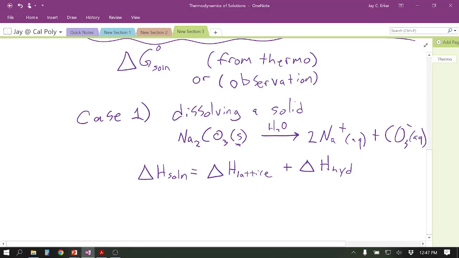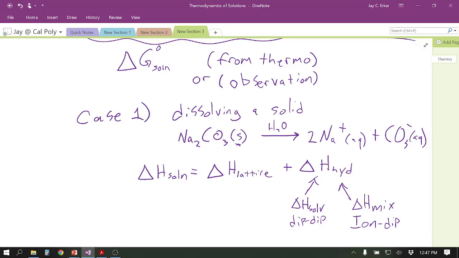If we're looking at just water, the delta H of solvent is always from dipole-dipole interactions, and the delta H of mix is from ion-dipole interactions. In this situation, again, this particular situation of dissolving a solid in water, we always know that the ion-dipole interaction is going to be stronger than the dipole-dipole interaction. That gives us something specific we can say.